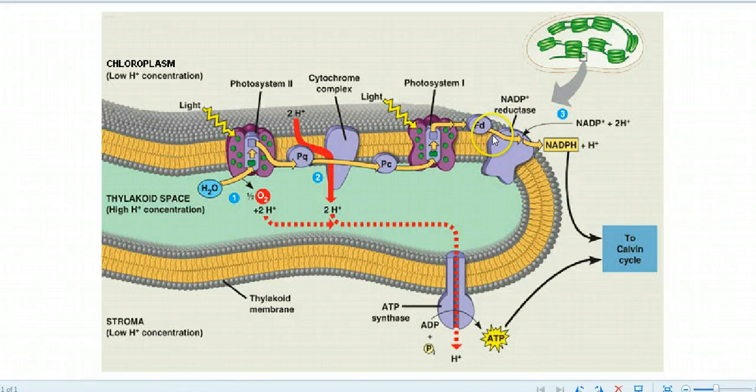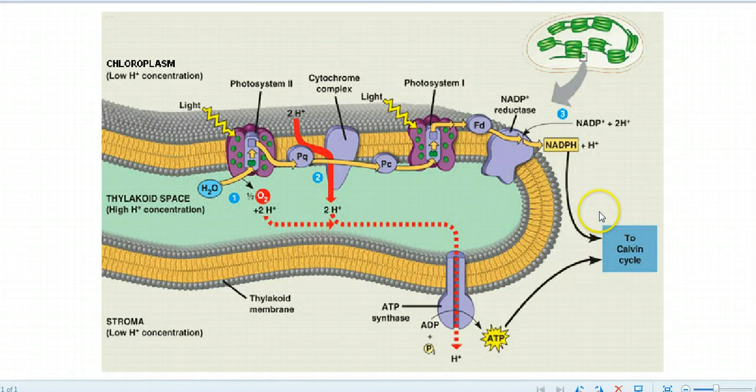In this electron transport chain, the energy is now used to join NADP to hydrogen, creating another high energy molecule called NADPH. And this high energy molecule will also be used in the Calvin cycle. And the Calvin cycle, we'll learn later, is the reactions of photosynthesis that create sugar. So it's the second part of the reaction.